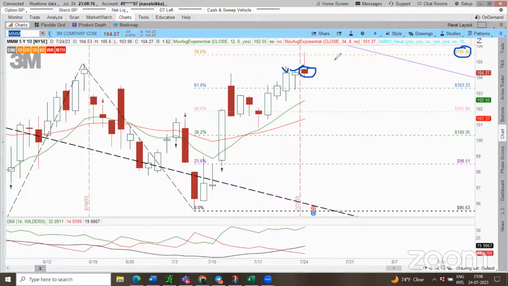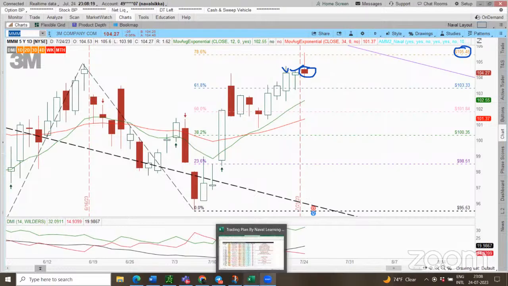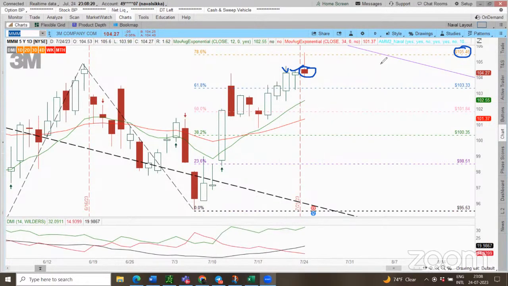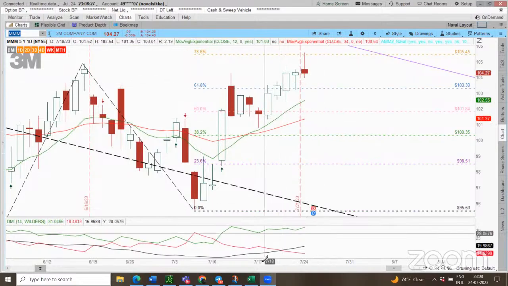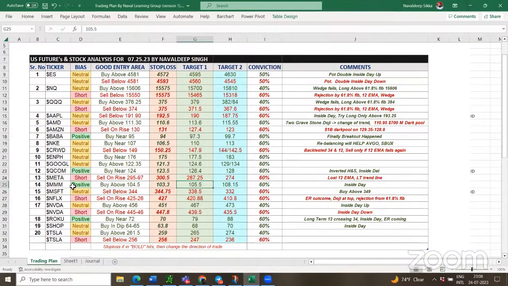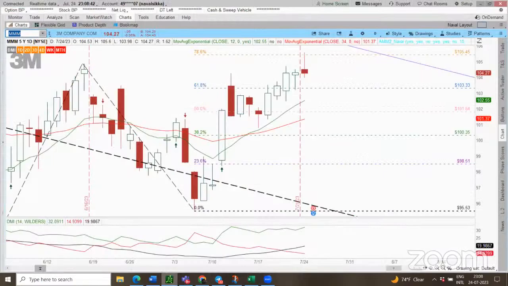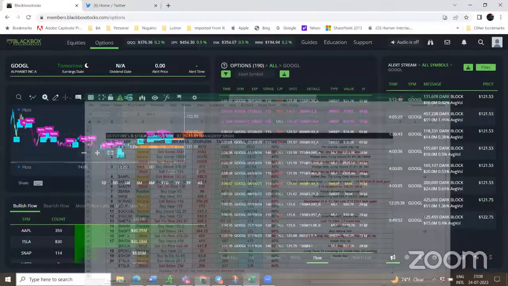Tomorrow I would like to just watch Triple M. If it holds 103, I'll take a chance. If it doesn't, then I'm going to avoid Triple M. So I want to try buying near 103. My stop loss is 102.55. That's the 12 EMA.